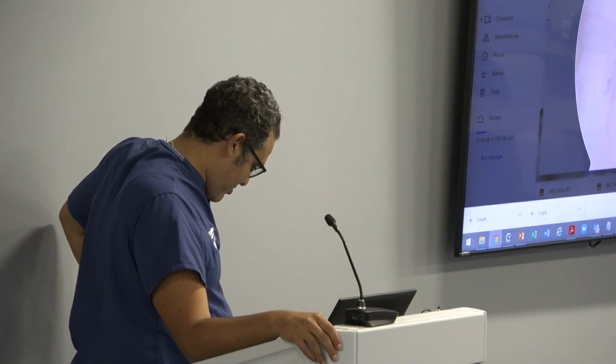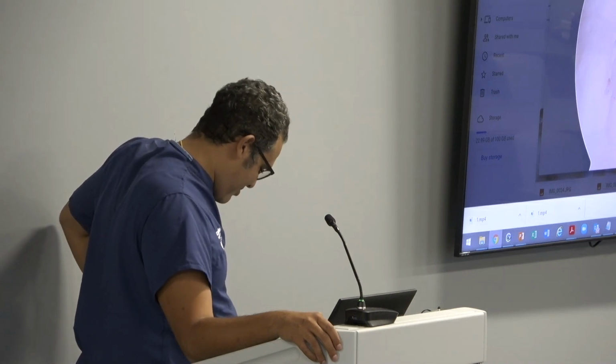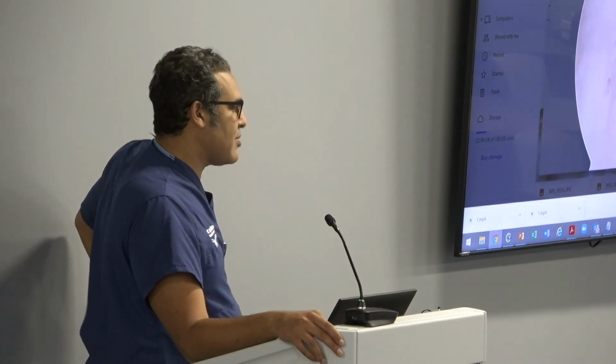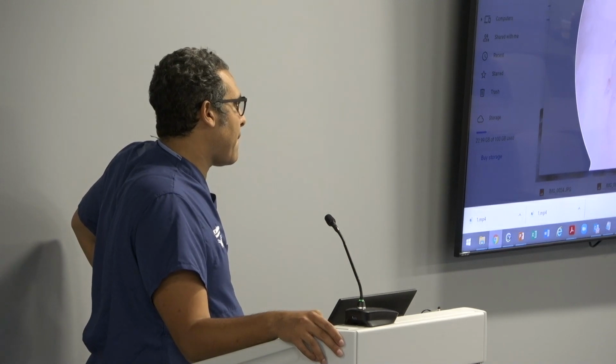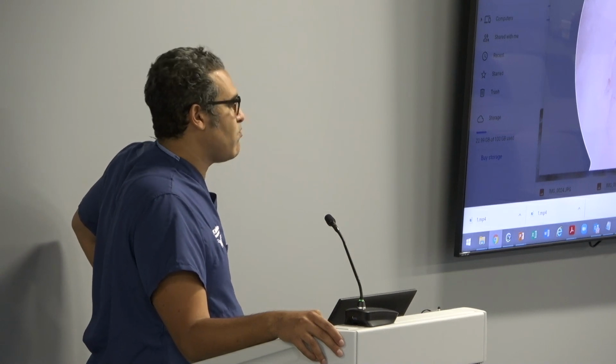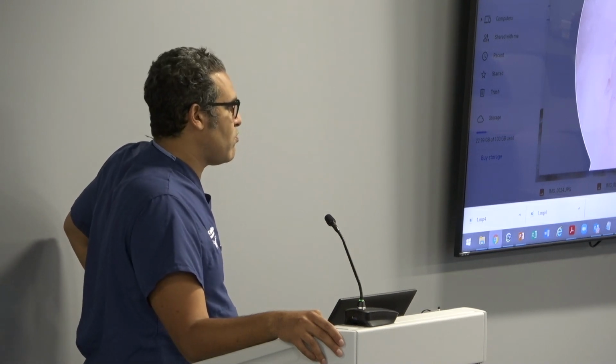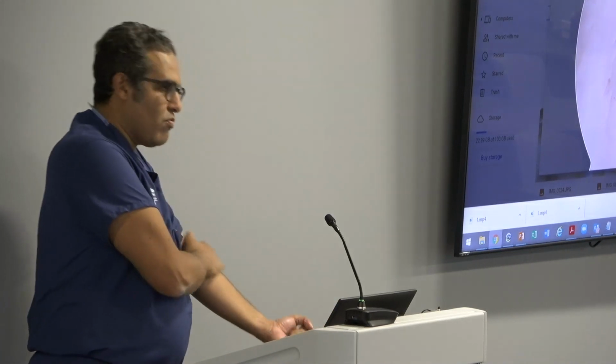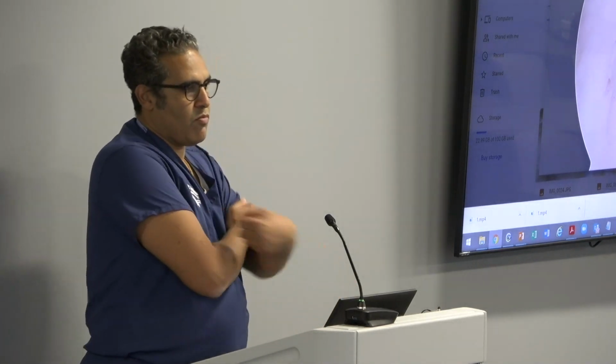The interesting part of that paper, the favorite paper that we all learned a lot about, was that it showed 20% of cadavers actually had attachments of supra and lesser tuberosity. So this goes to tell you that this whole structure creates a cuff.